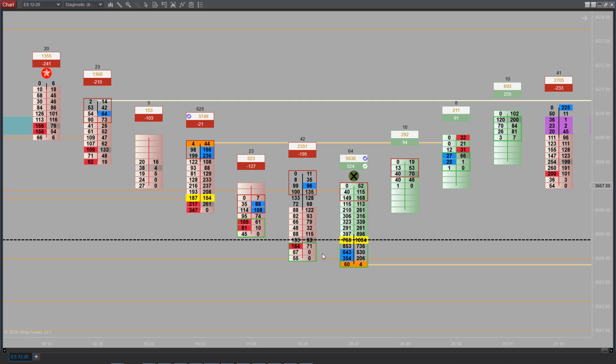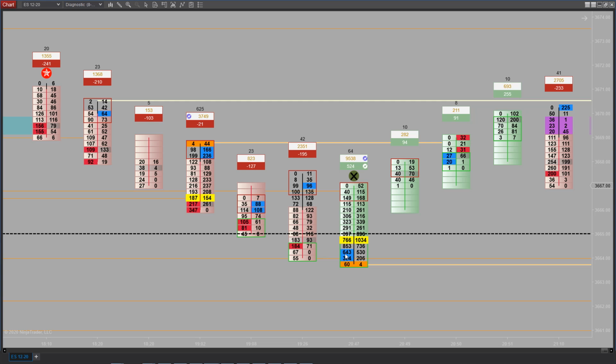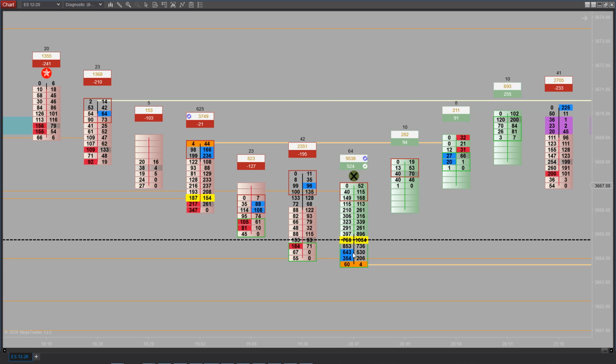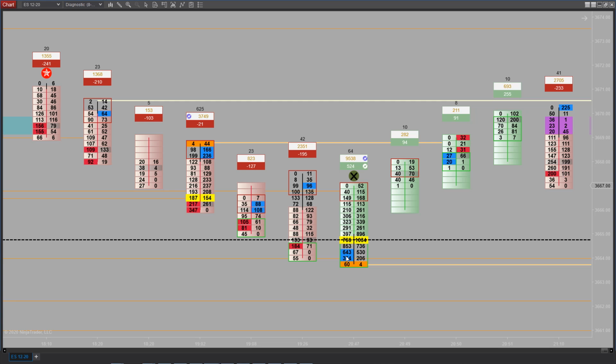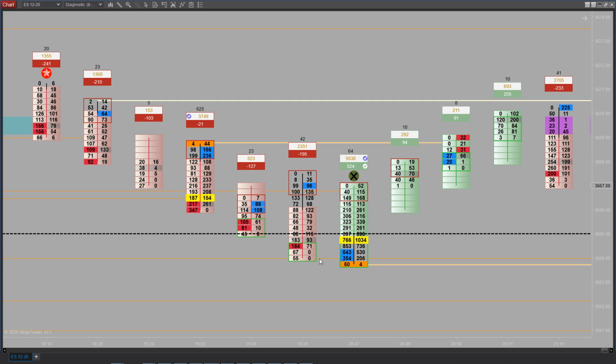In addition to that, you see sellers piling in like crazy right here at this weak area. Not real smart, right? First of all. But you see sellers piling in like crazy, getting trapped right here at this previous weak area. Yeah?